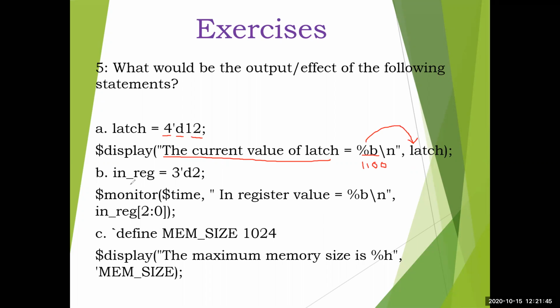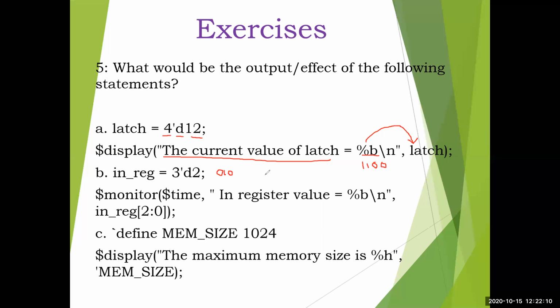Next one, monitor is there. So in register 2, it is a 3 bit decimal 2. 3 bit means what? So 2 in 3 bit means 010. This is how it will be stored. Monitor $time, so simulation time, in register value equal to %b \n in register 2 to 0.